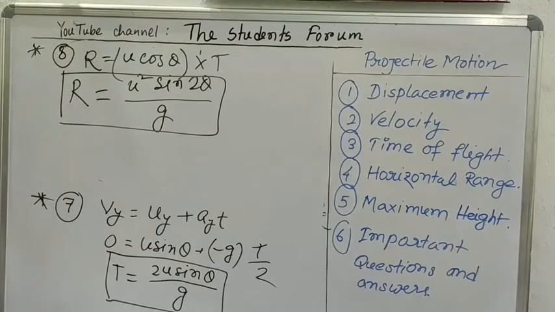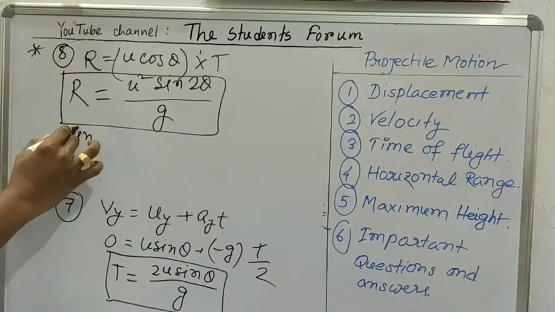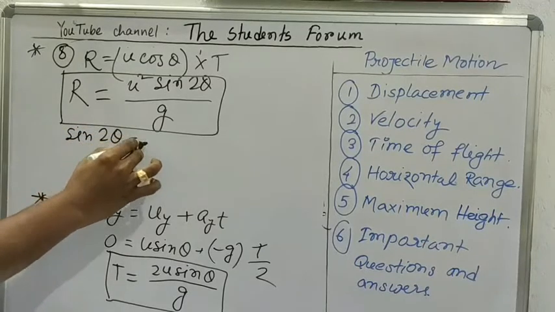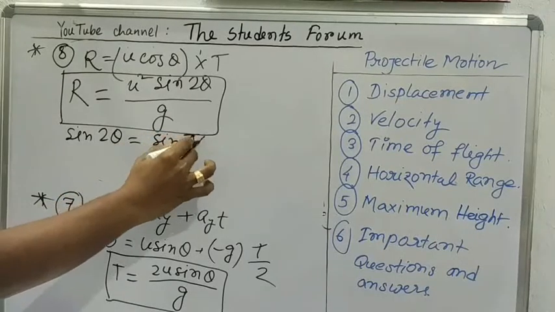Now different exams ask the question, what is the maximum range? That means if the object is thrown at a certain angle, what will be the maximum horizontal distance it will reach? For that case we take sin 2 theta equals sin pi by 2.